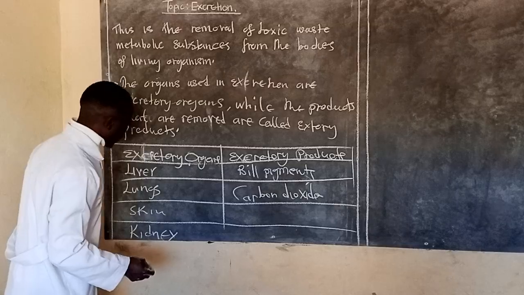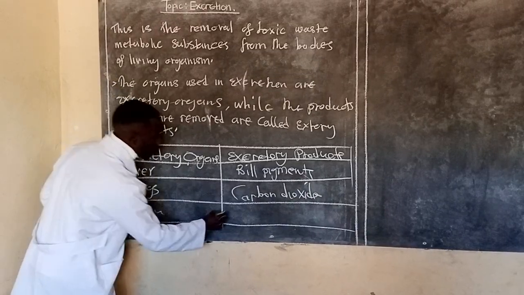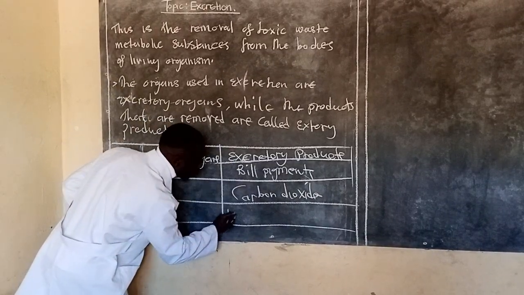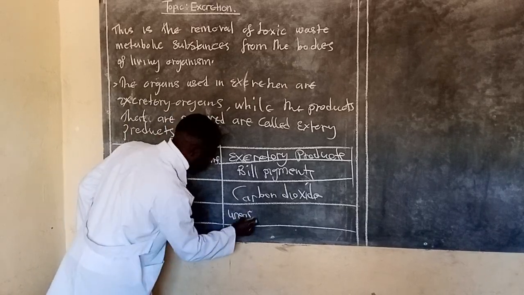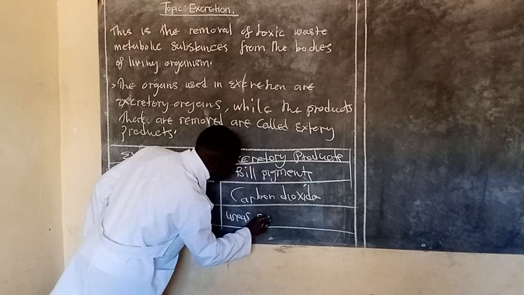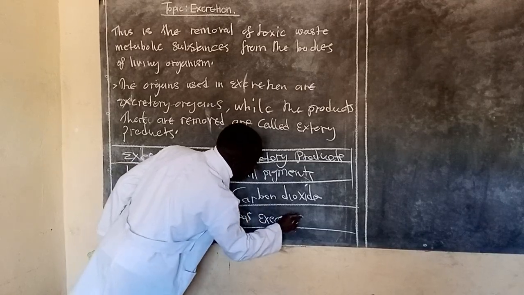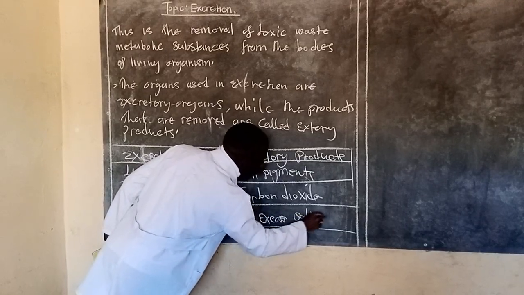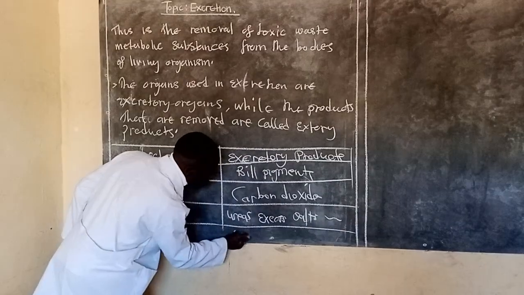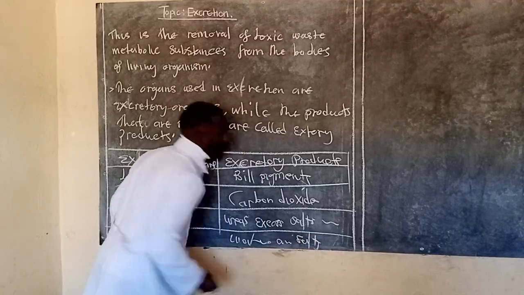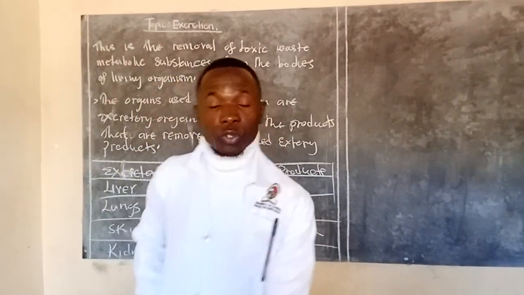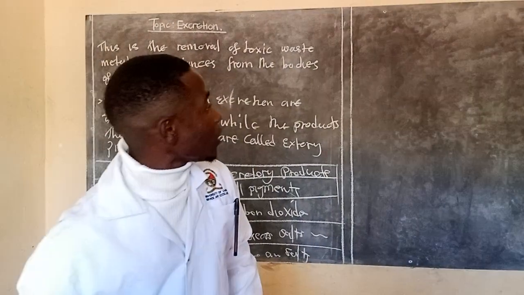Then here we have the skin, which excretes urea, excess salts, and water. And the kidney removes water and salts.